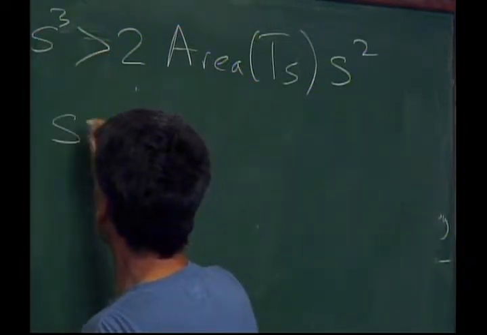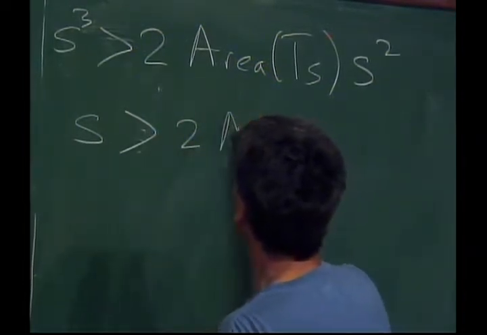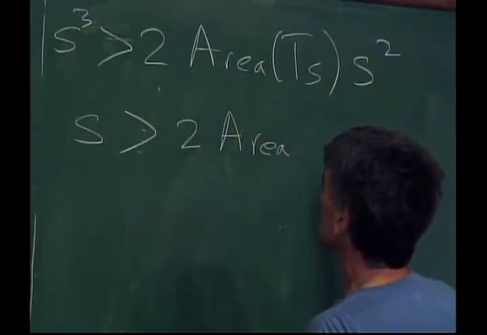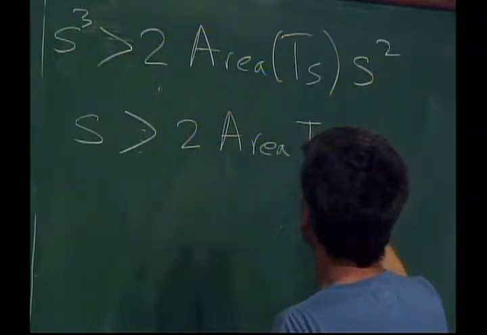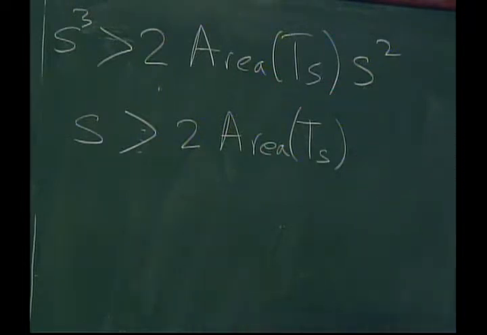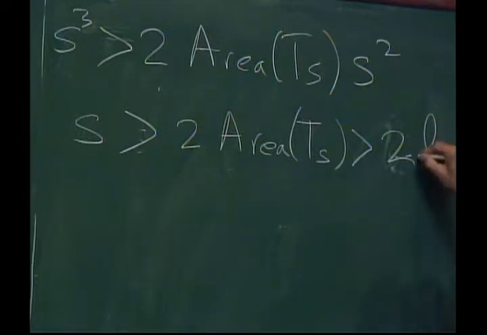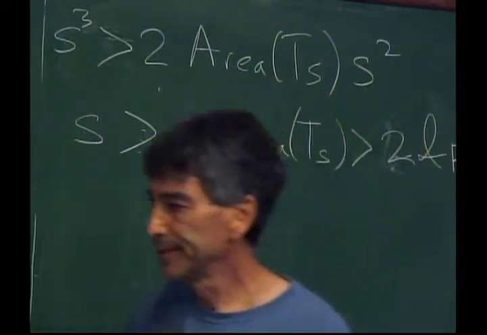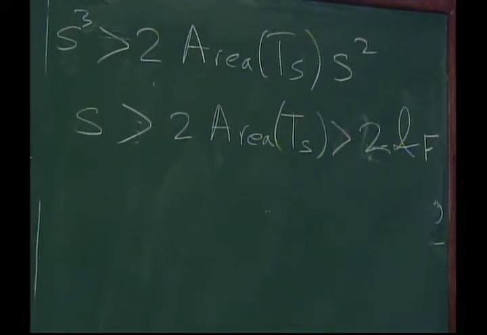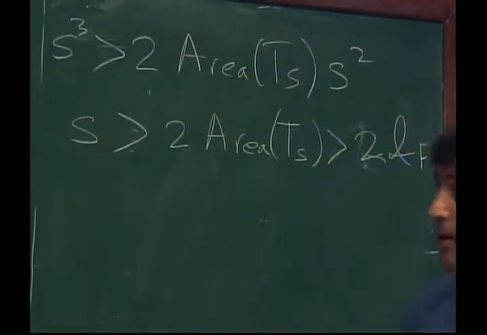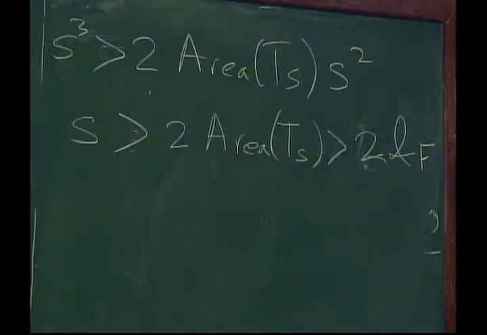If we divide by s squared, we'll see s is bigger than twice the area of T sub s, because the infimum of area for F is smaller than the area of T sub s. So we've shown that if 1 and 3 fail, then 2 holds.